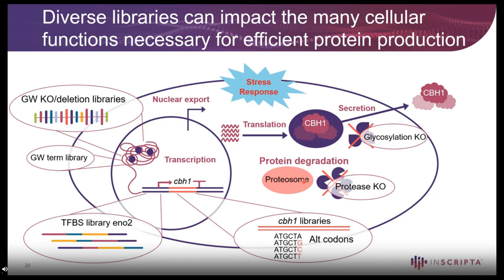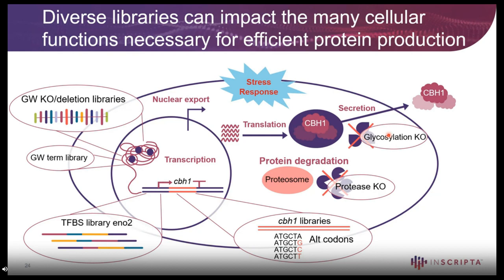So we saw lots of hits that regulate proteasome function or just individual protease knockouts, or secretion, including glycosylation knockouts. And I think an interesting point to note here is that all of these processes that these edits are targeting are likely important, or what you might expect to be important, for the expression of a heterologous protein.